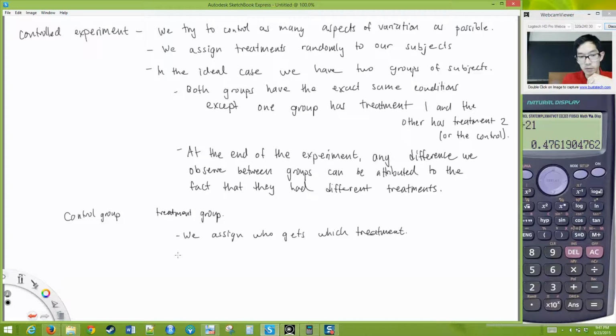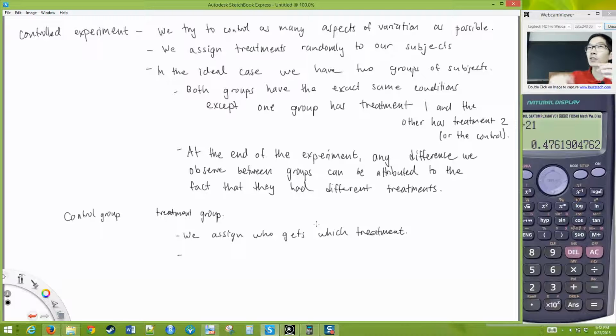Okay, and there's something known as the placebo effect. Say we want to try out this drug to see if it has an effect on, let's say, people experiencing anxiety. We're going to give people this experimental drug.